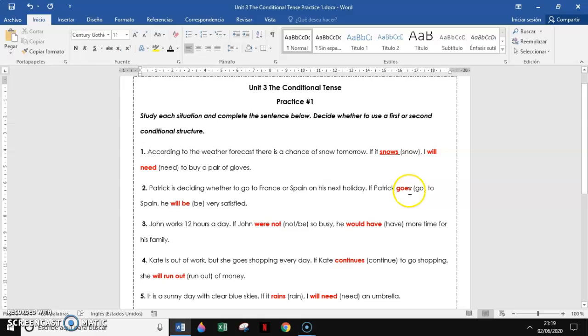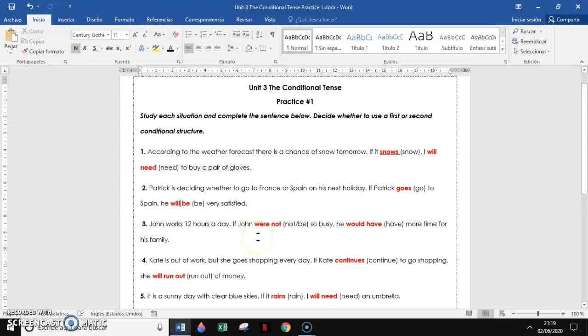So if Patrick goes, present simple, to Spain, he will be very satisfied, right? This is likely to happen. This is a real situation. That's why I'm using the first conditional. Goes in the present simple tense, and he will be very satisfied, will, which is the other part of the first conditional, right?